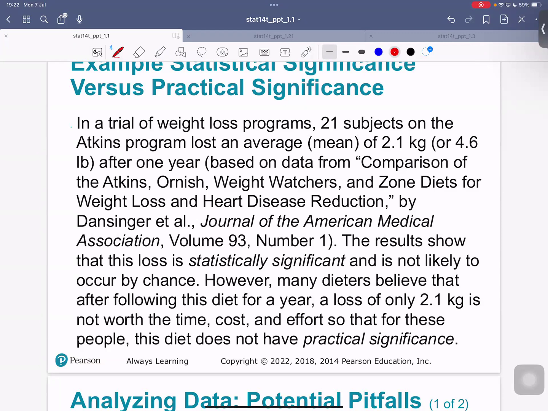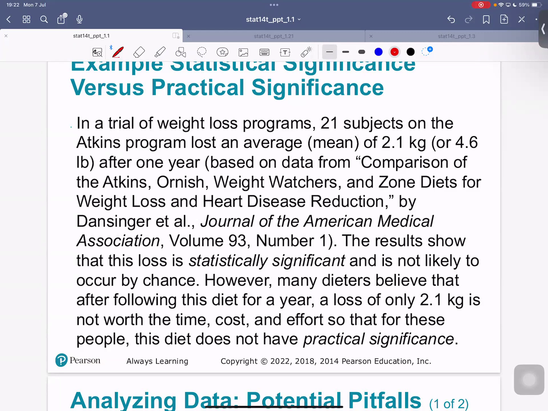Are we good? But for practical significance, the amount of weight loss, just 2.1 kilograms over a full year, of course it will not matter much to most people, right? 2.1 kilograms. Yes. So for this example, we're looking for a 5% chance or less than a 5% chance.